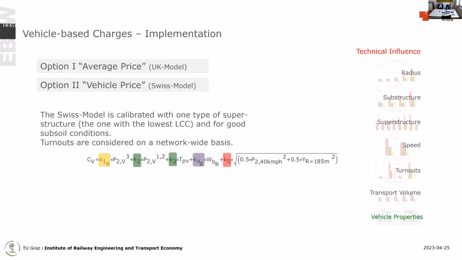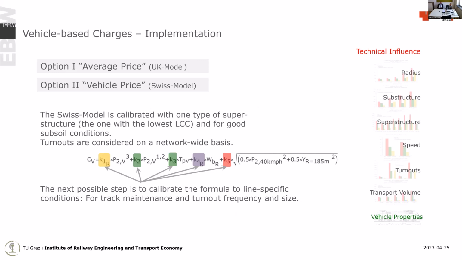This is the easiest thing to do if you want to move from here to lines, because these cost increments that we discussed before could also be calculated, of course, for a specific line, where you could cover also turnout frequency and size.